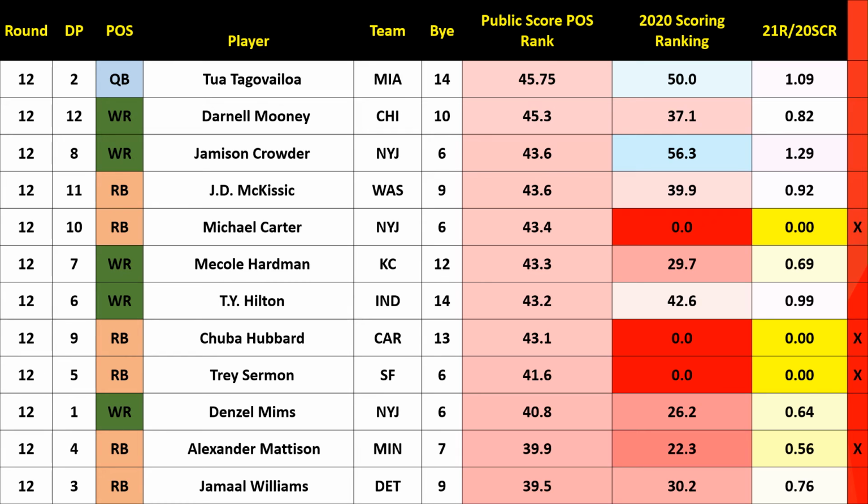Jamaal Williams, so I would probably like McKissick, Williams, and then maybe one of the rookies. It'll be all right. I like Crowder in here. I've been picking him up. Hilton as well. That's who I've been picking up in this round. Okay. Good.